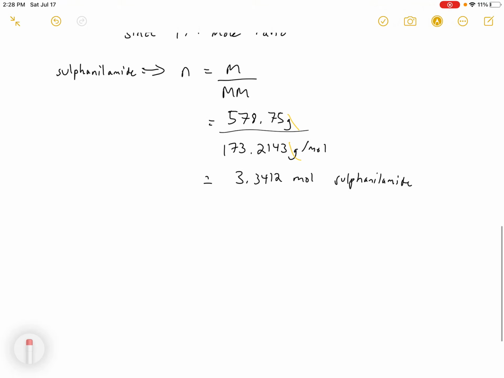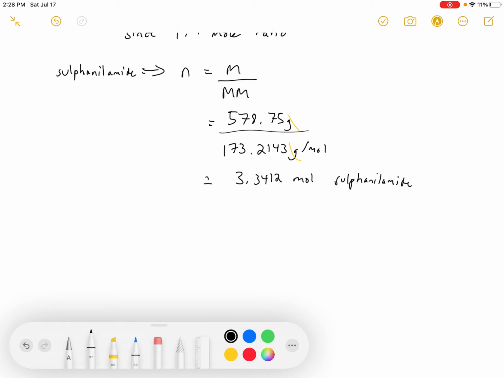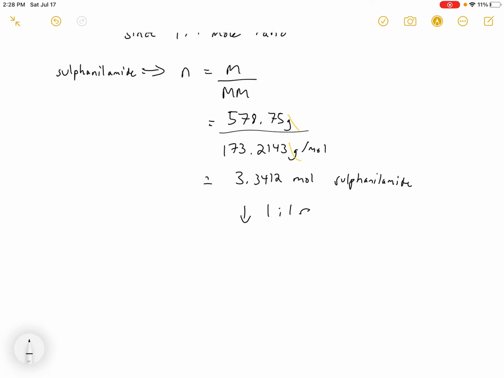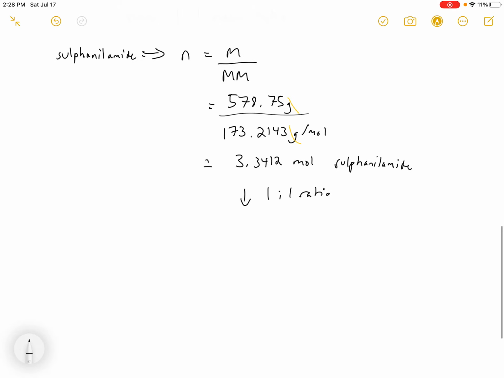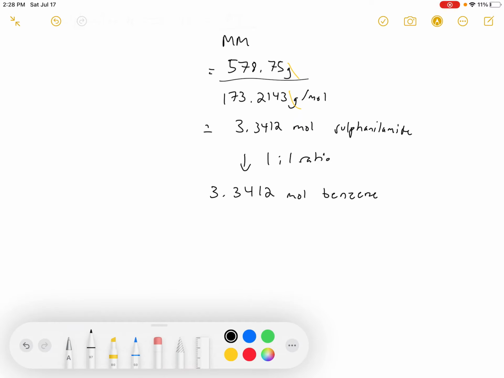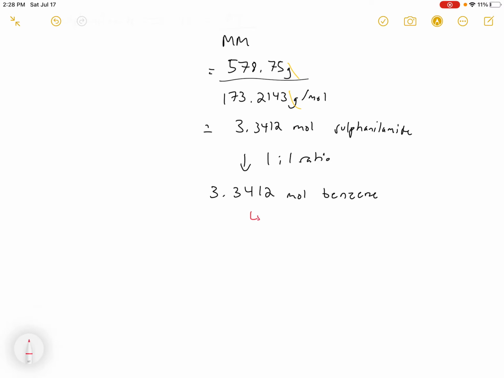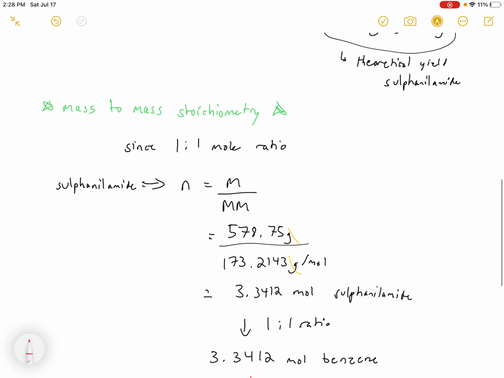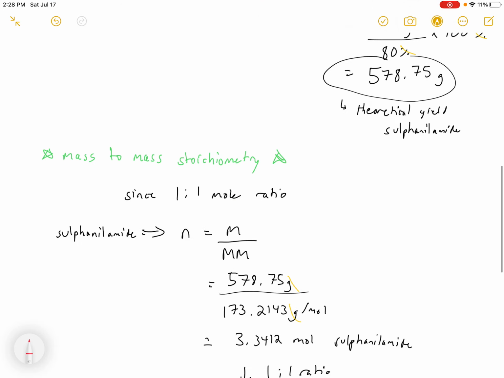So that means that in this reaction we would get an equivalent number of moles of benzene being made. And then our next step is just that we want to find a mass, because that was in our data list, right? Mass of benzene.